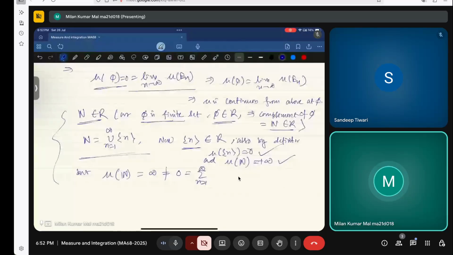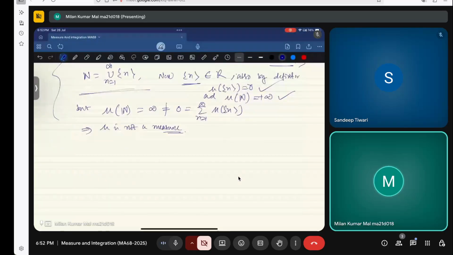If mu is countably additive, then if E_i are disjoint subsets, then mu of their union E has to be equal to the summation of mu of E_i. That is, mu is not. So it is failing the countable additivity.